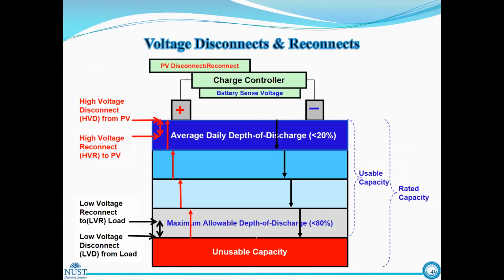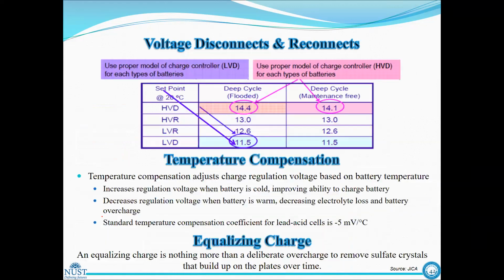These parameters can be seen within a battery schematically. Here you can see the top 10% is connected to the high voltage disconnect and reconnect, whereas when we talk about the load, 10% above the DOD value is linked to the lower voltage levels for LVR and LVD. So finally, we can protect the battery from overcharging and over discharging using the controller.